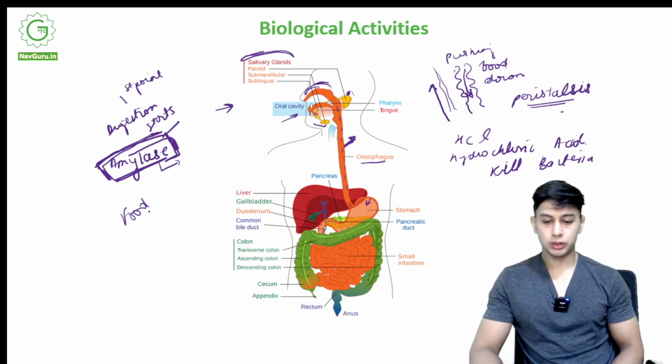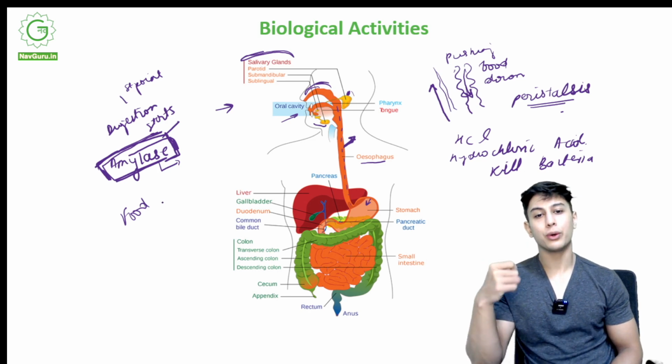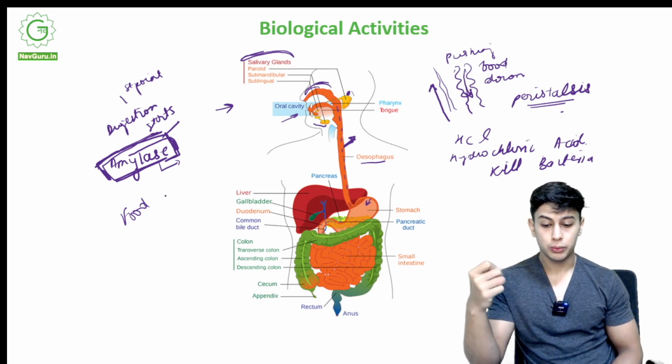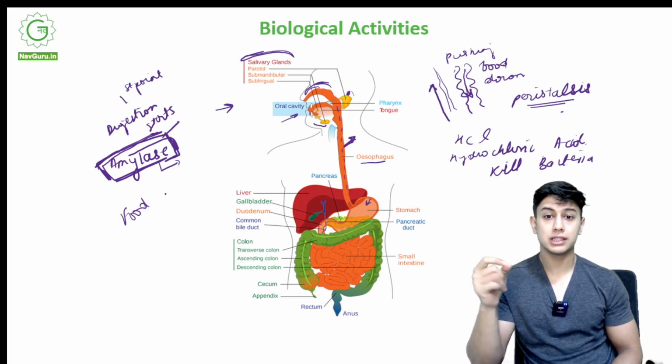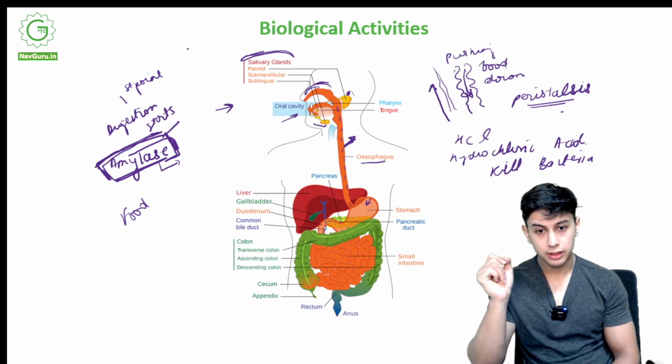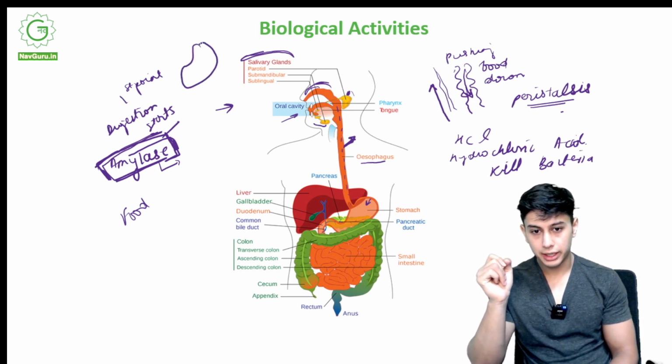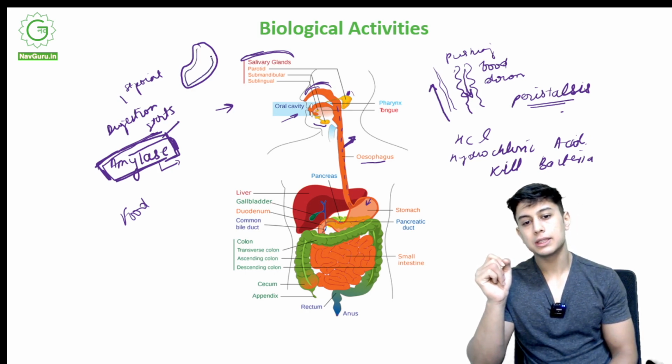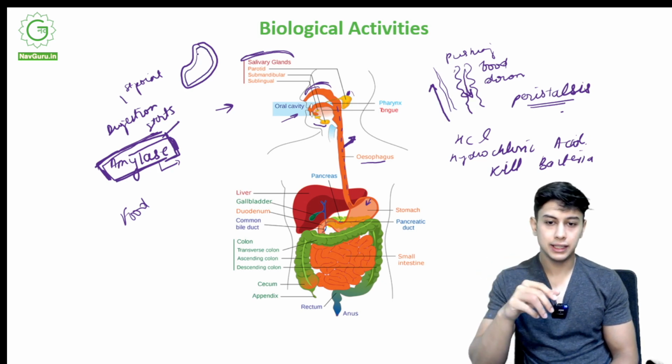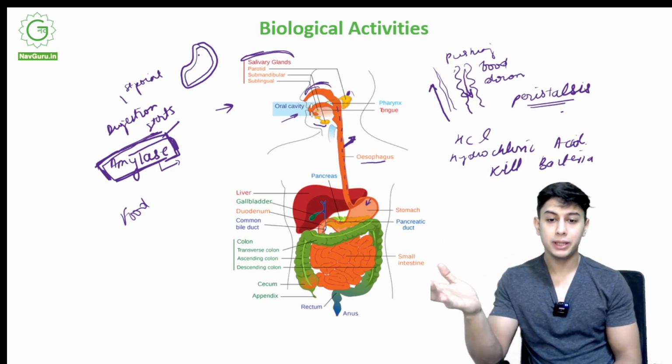If you think about it, why are we not getting burnt? Why is our stomach not getting burnt if there is such a strong acid present inside it? So this is U-shaped, right? It has an inner lining of mucus. Mucus is a substance that is very sticky and slimy in nature.